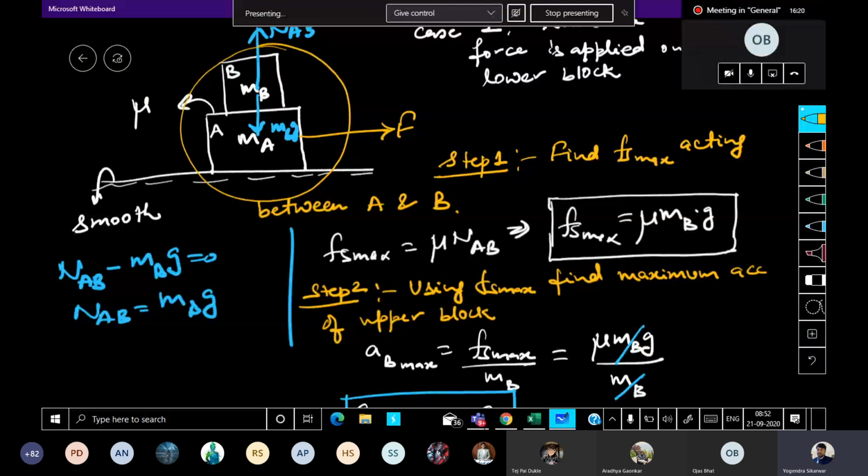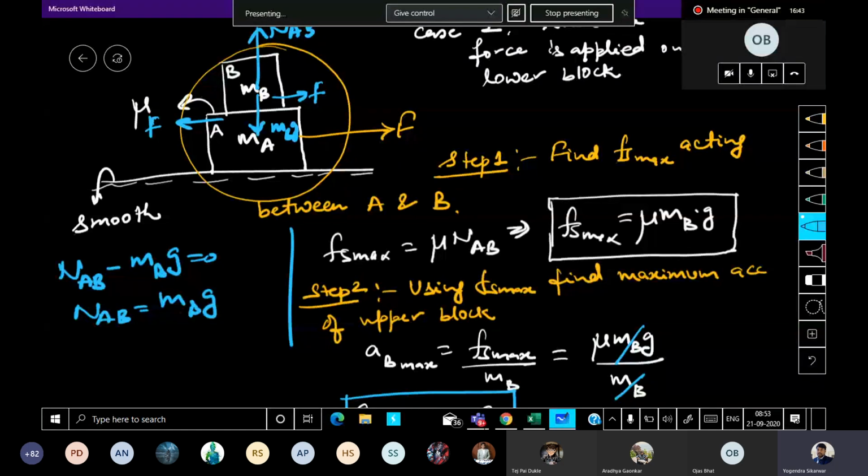If I try to show you friction, pay attention everyone. Friction on the upper block will be in this direction. Friction on the lower block will be in this direction. Can you see that everyone? That's how the friction will be.